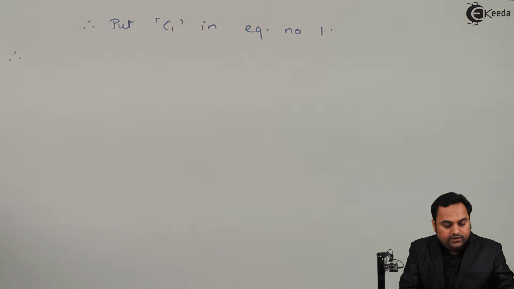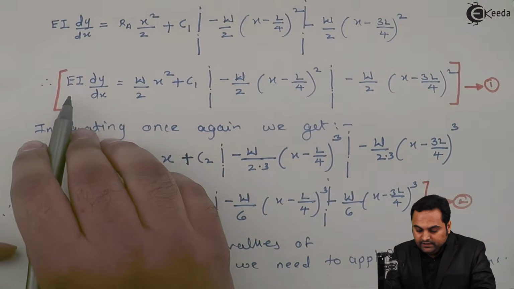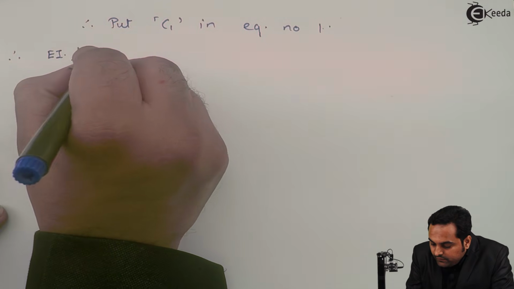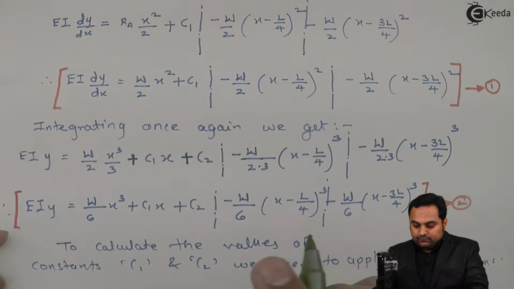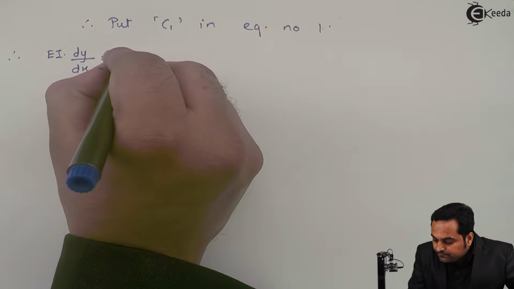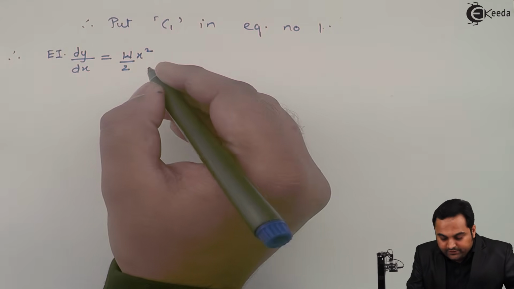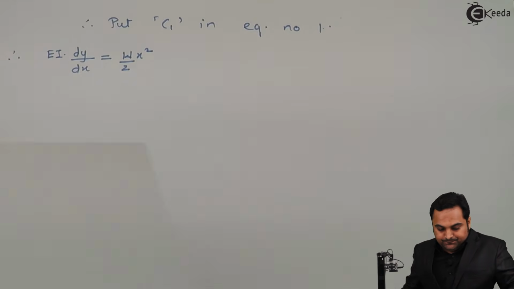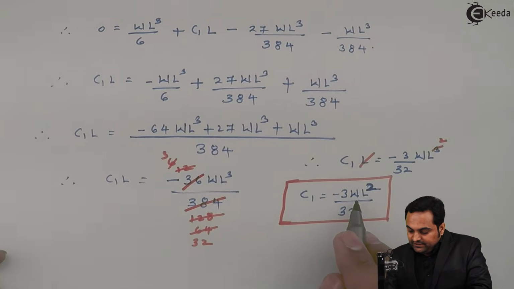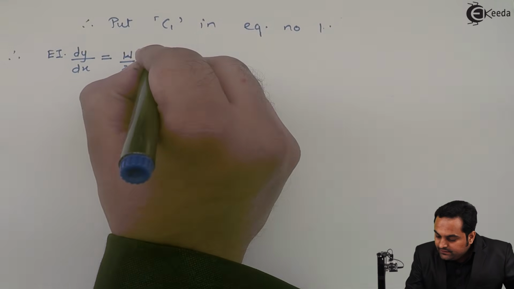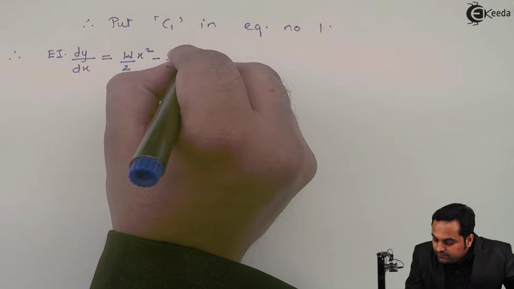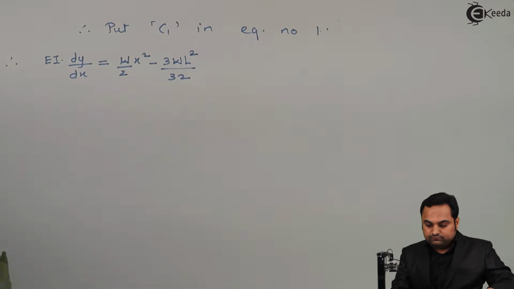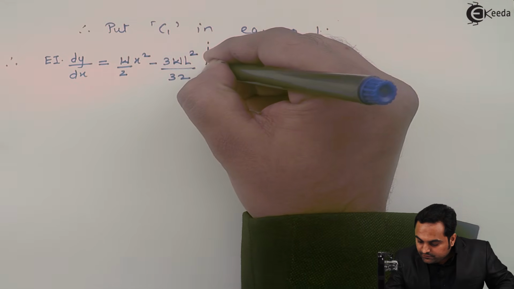So we have in equation 1, EI dy by dx is equal to W by 2 x square. Now it is plus C1, and C1 was minus 3 WL square by 32, minus 3 WL square by 32. This is the first term.